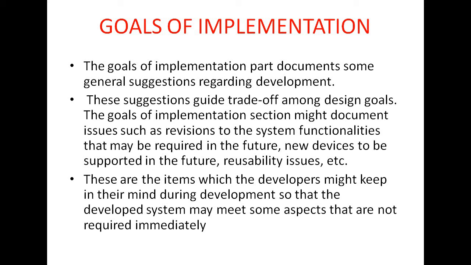These are the items which the developers might keep in their mind during development. Okay, during development these things must be kept in mind, so that the developed system may meet some aspects that are not required immediately.